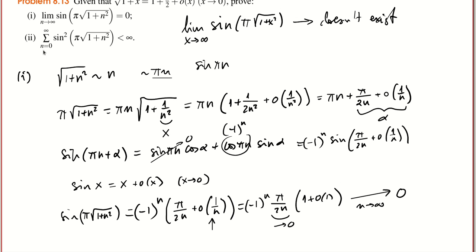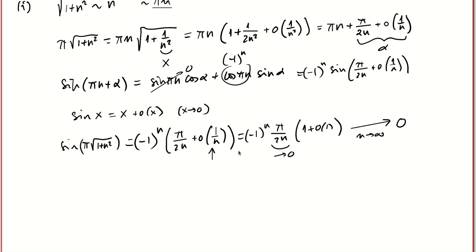And now we're going to prove the second. The second is almost a consequence of this, the fact that we have this here, right? What we have here is that the sine is equal to this, so the sine squared of pi times the square root of 1 plus n squared is equal to the square of this. The square of the sine is pi squared over 4n squared, times 1 plus o of 1.